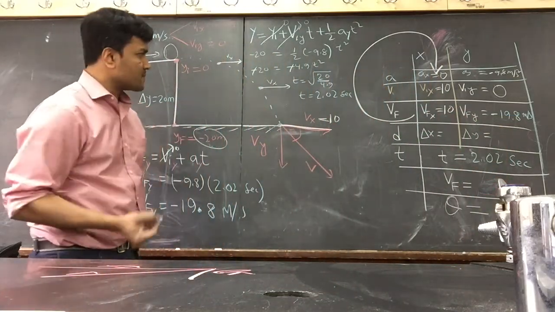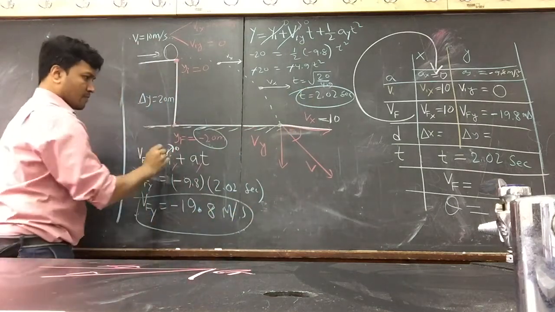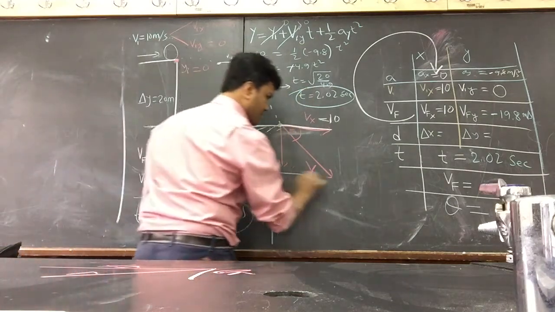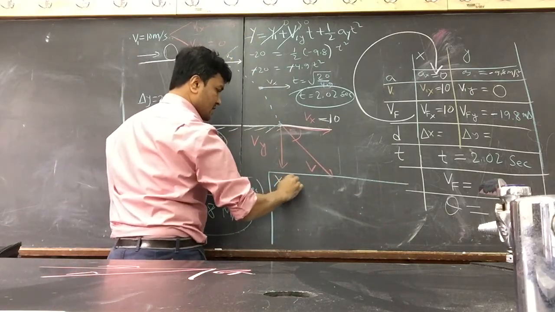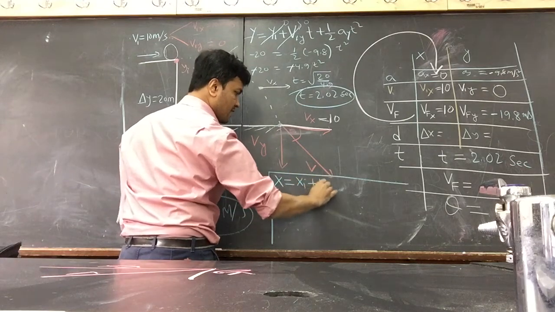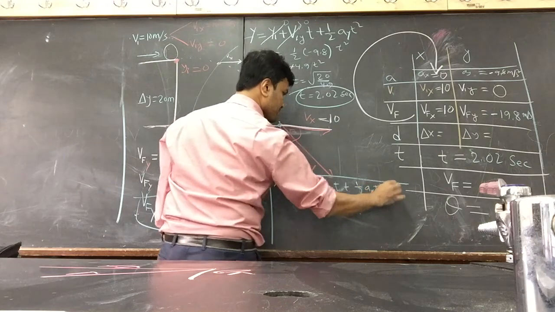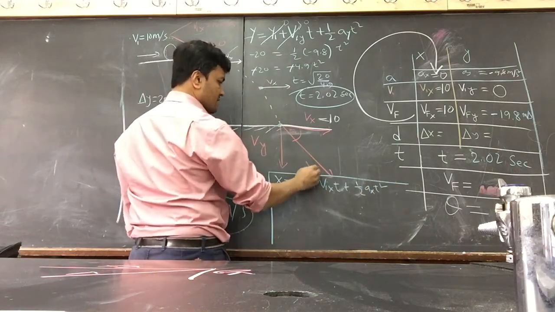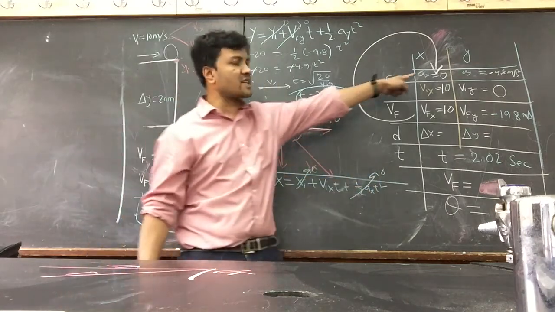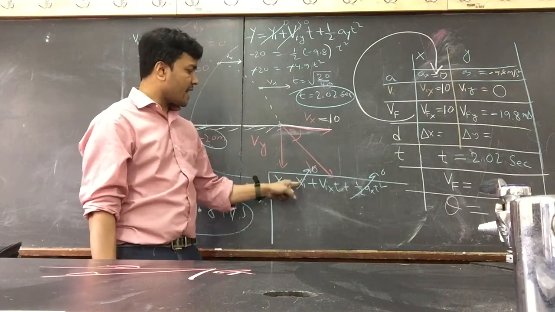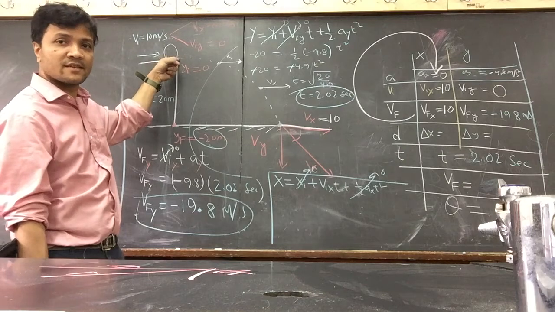Now we're going to find the x. Finding x is very easy. You're going to use the same formula but the x component. So x is x initial plus v initial x t plus half a x t squared. This guy is 0 because acceleration at x direction is 0, and x initial is 0.